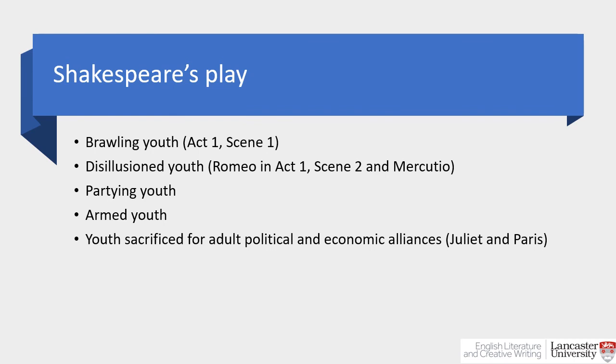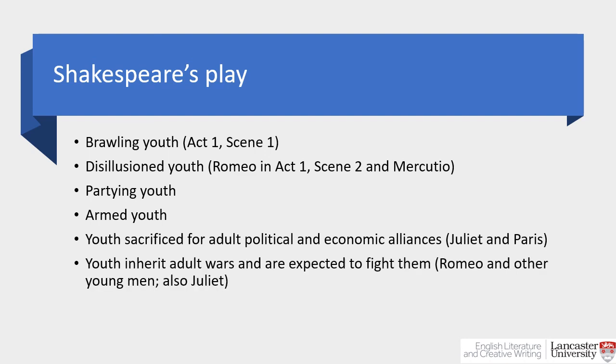We have youth sacrificed to make alliances between families. Juliet's marriage to Paris we've mentioned. We have young people inheriting the wars that their parents have started and being expected to fight them. And it's not just Romeo and other young men. Juliet's expected to avoid people from the other side and not to fall in love with them.